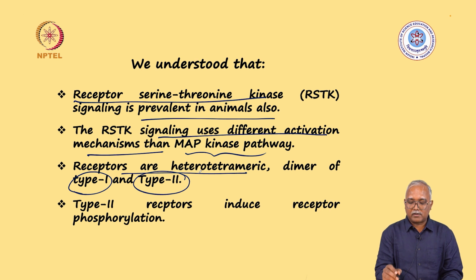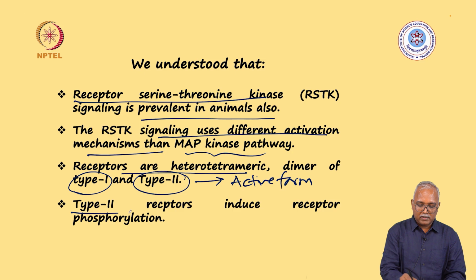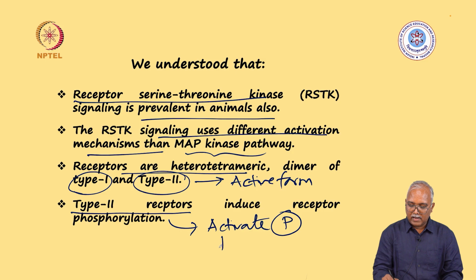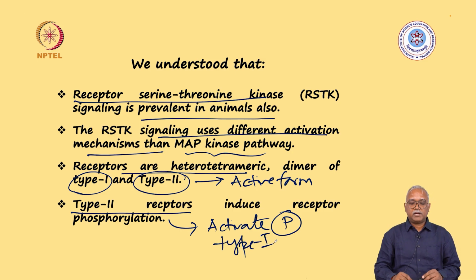Together they make a heterotetrameric assembly, which is the active form. And out of the 2 dimers, type 2 receptors are the ones which have the catalytic activity and activate the entire complex by phosphorylating type 1 receptor. So receptor serine-threonine kinase in the animal world presents a very different case than the plant world. Thank you.